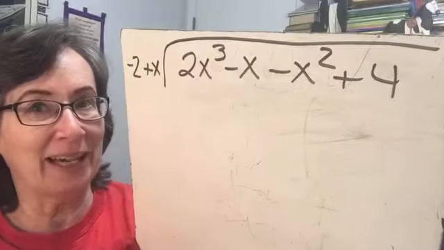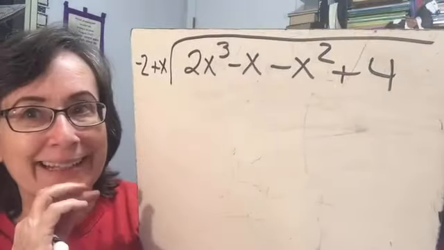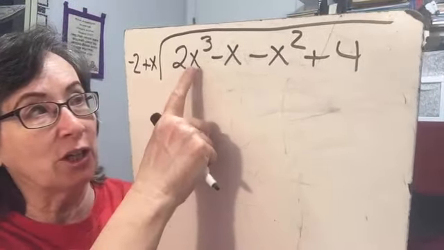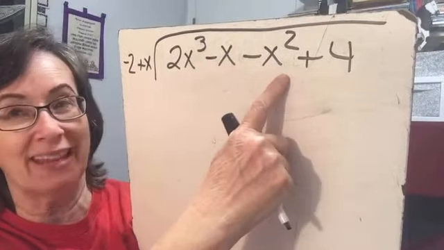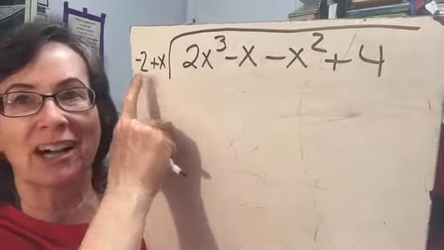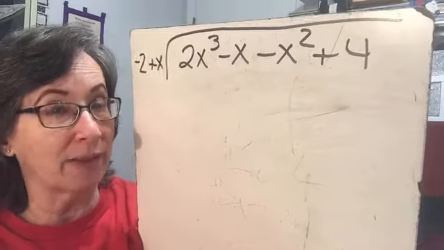Okay, so here we have a second example. And notice they did it again. We got to do some house cleaning here because they have a cube and then an x to the 1 and then an x to the 2 and then a constant. And over here they have a constant before the x. We have to put it in descending order of the variable.